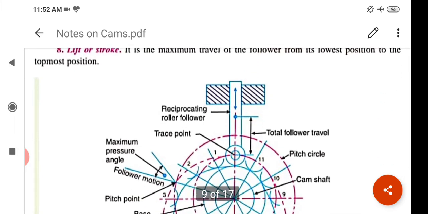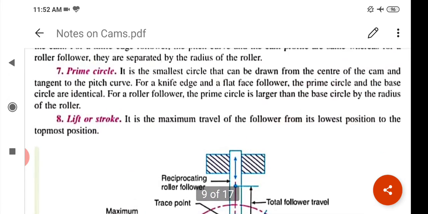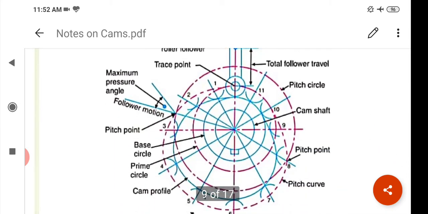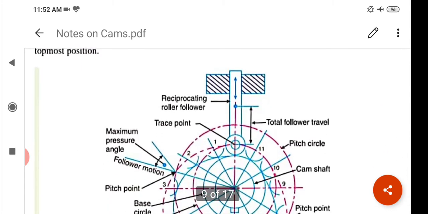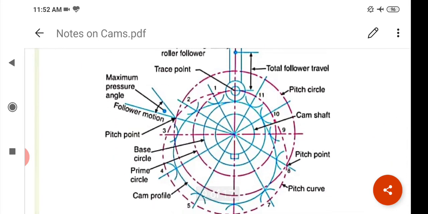Next we will see what a prime circle is. As per the definition, it is the smallest circle that can be drawn from the center of the cam and tangent to the pitch curve. Earlier we had the base circle. What was this base circle? The base circle was the smallest circle from the center of the cam tangent to the cam profile, whereas the prime circle is again the smallest circle from the center of the cam but tangent to your pitch curve.